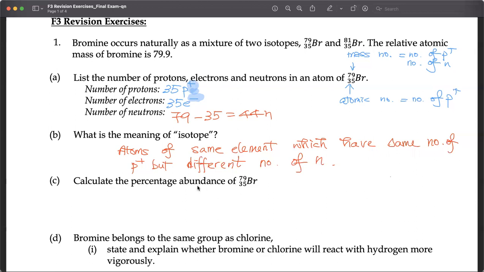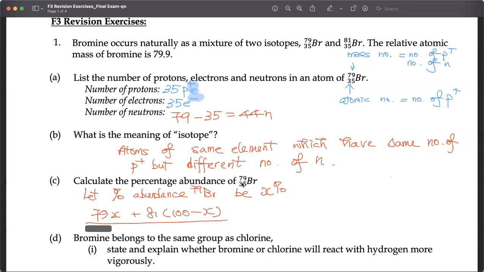Next one: calculate the percentage abundance of bromine-79. Let the percentage abundance of bromine-79 be X%. Then 79 times X plus 81 times (100 minus X), divided by 100, equals 79.9.